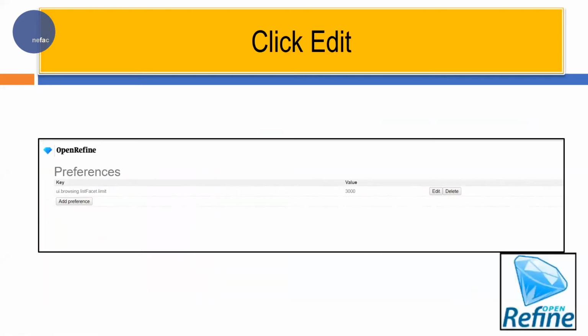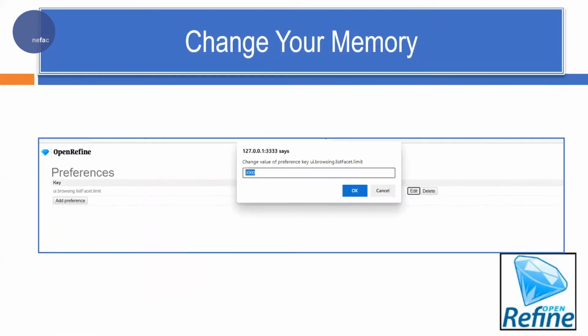And then you can edit. Click on Edit and change this to whatever number you need it to be, to enlarge it. Say change it to 10,000, and then just click OK. So if you're working on a really large data set, you might want to increase the memory.